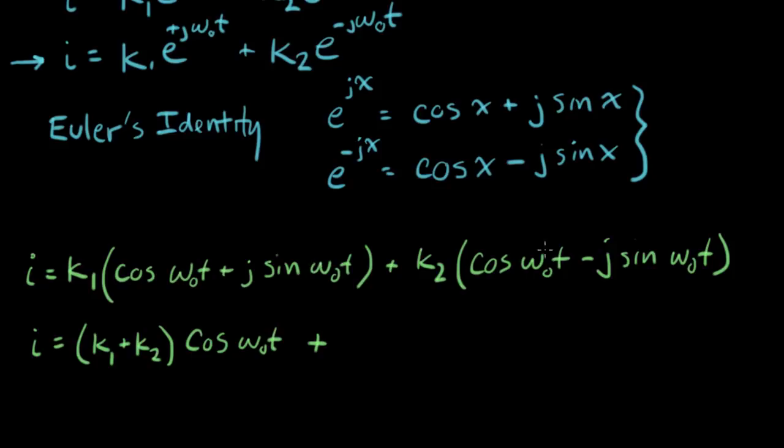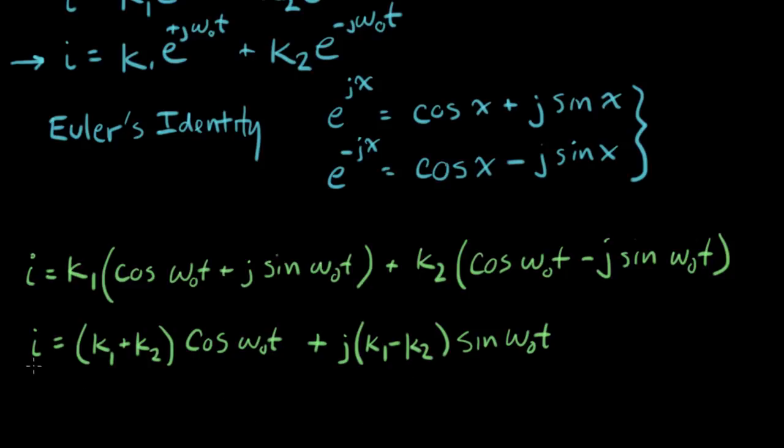We have j sine and j sine, so I'll write sine omega naught t over here, and j times what? J times K1, and this time we have this minus sign that makes it minus K2.